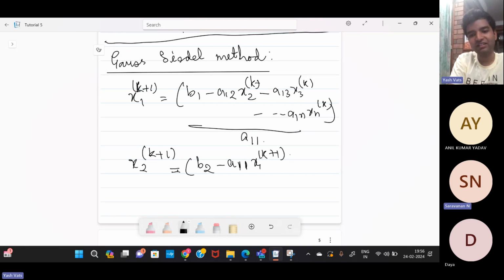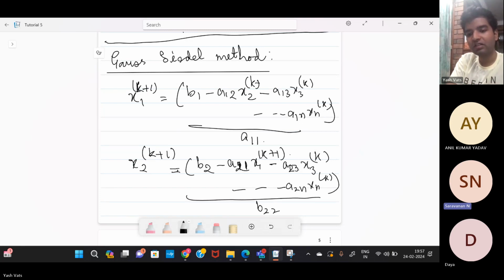And the other terms, A23 X3 at k, and A2n Xn at k, right? So we have only one with k plus 1, for X1, and that alone will come in the next step, because X1 at k plus 1 is already found. A22 is the divisor.